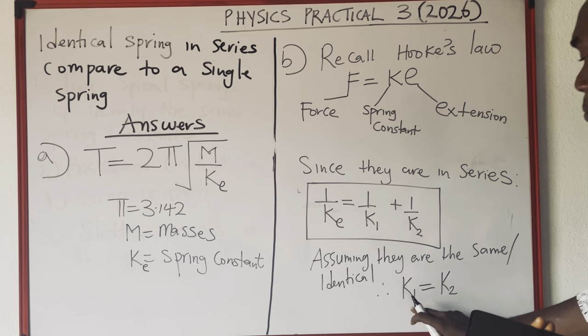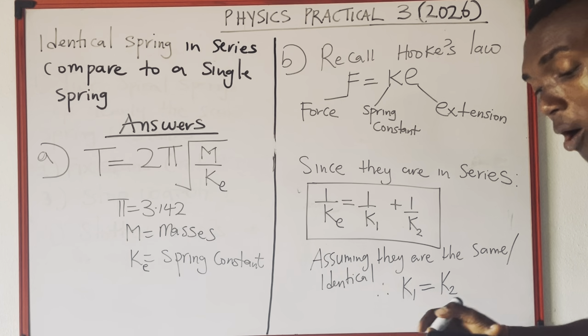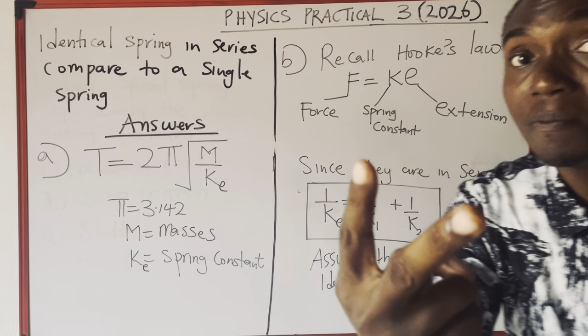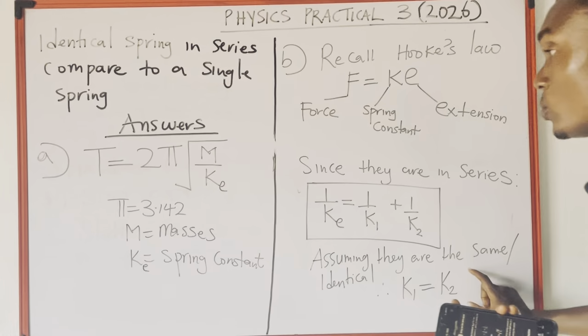So any place I see K1, I put K2. Any place I see K2, I put K1. Why? Because they are identical.